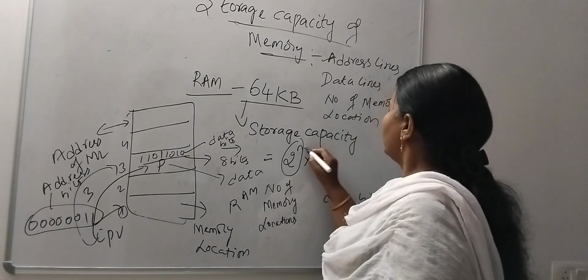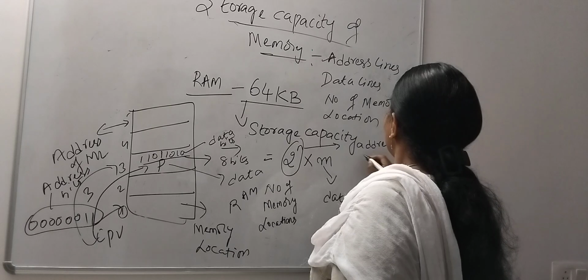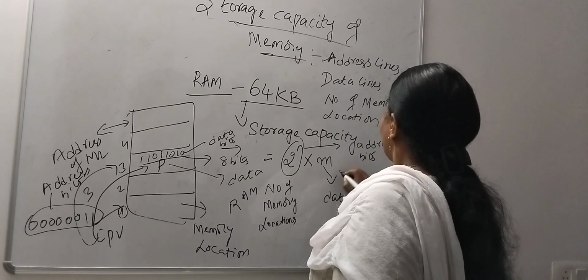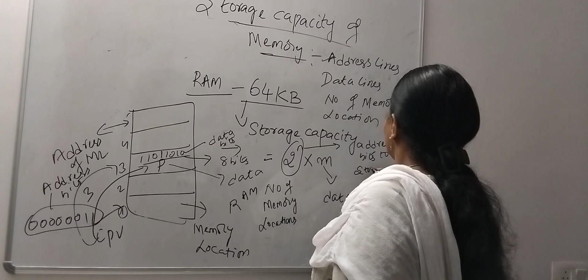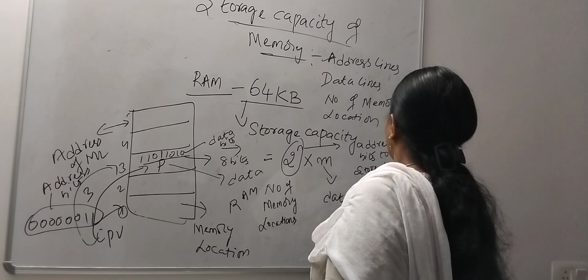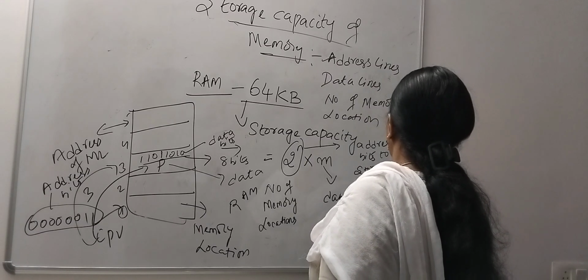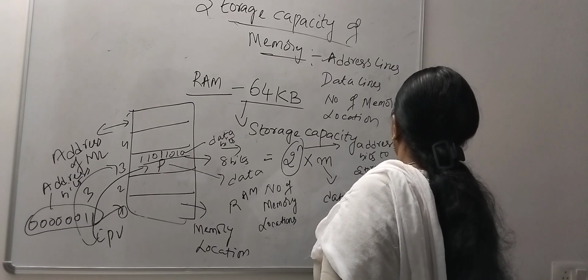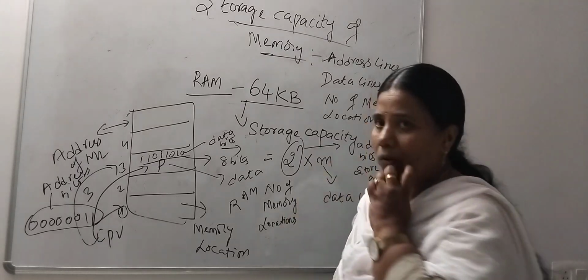And what does this n represent here? Address bits used to store the address value. Isn't it? Address value of which? Of the memory location.